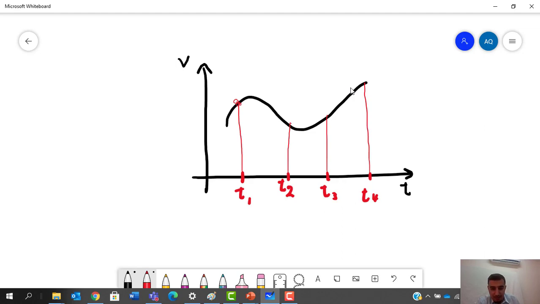As you can see, the distance between T1 and T2 is called the sampling time, or I will call it just T. And we all know that F is equal to 1 over T. Frequency is equal to 1 over the time.